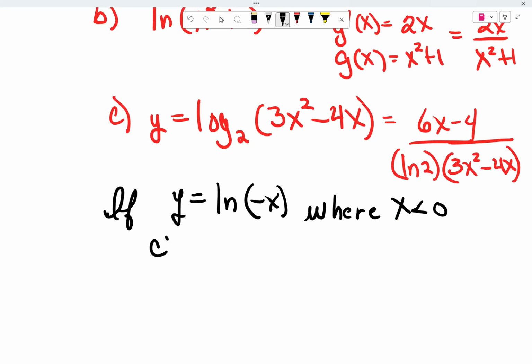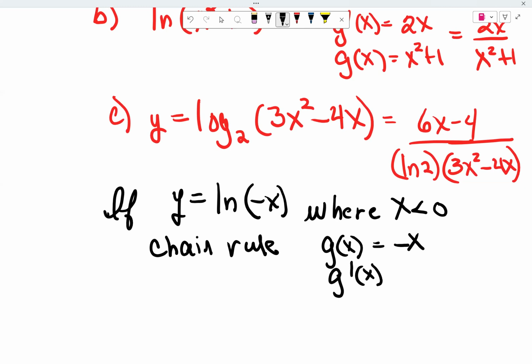And so if I look at this as a chain, we end up with a g of x. Well, that's equivalent to our negative x. And our first derivative for that will simply be negative 1.